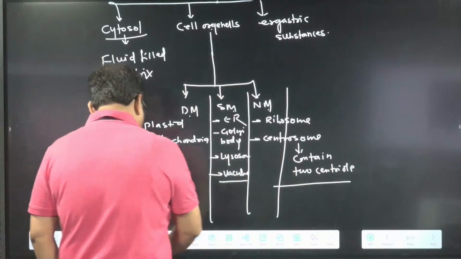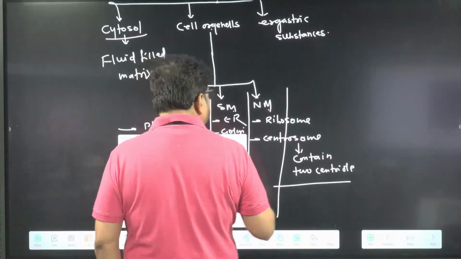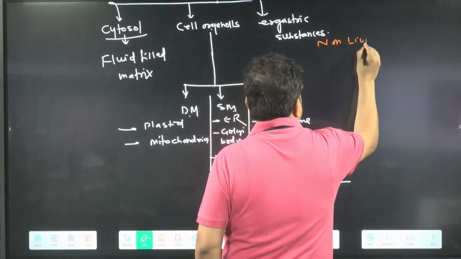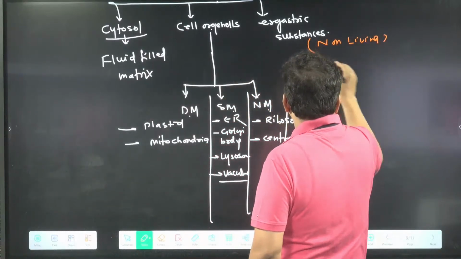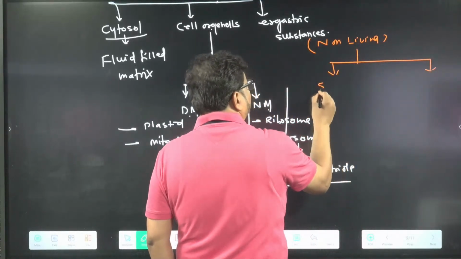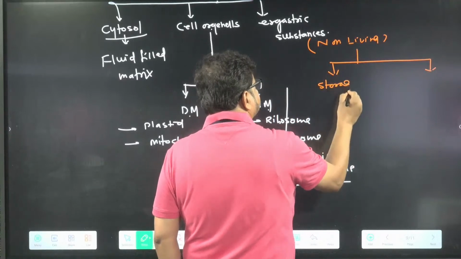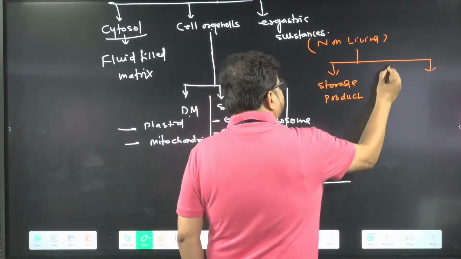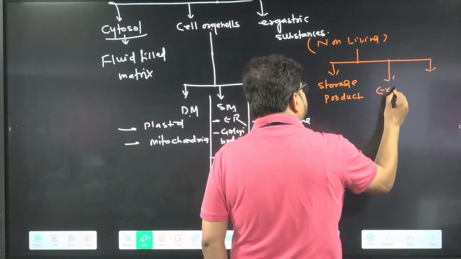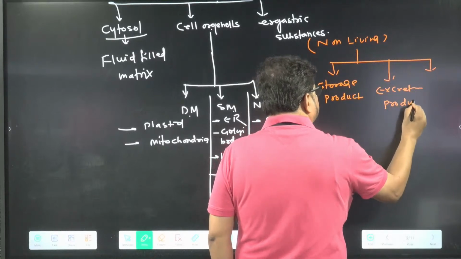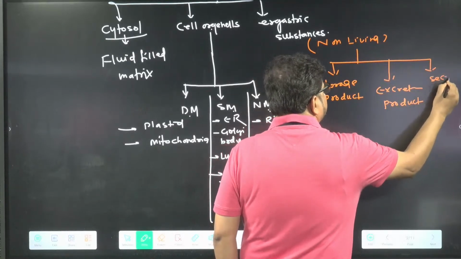Now ergastic substances. What are ergastic substances basically? These are non-living substances. These ergastic substances are a storage product present in the cell, an excretory product present in the cell, or a secretory product present in the cell.